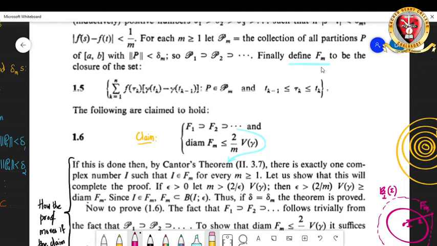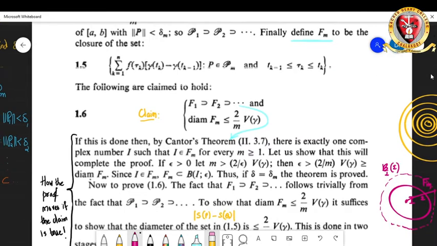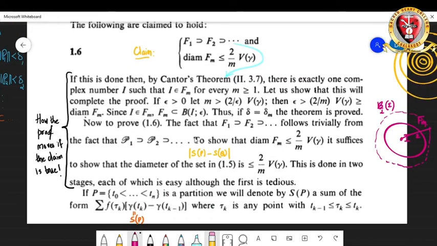So definitely the Fm's will also have the corresponding property.